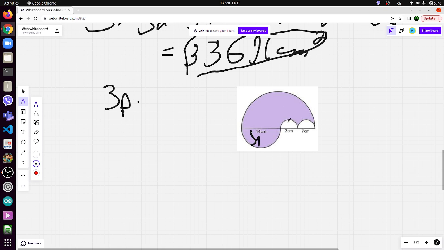Let's call this S2 and this S3. Let's put it here to see the radius.